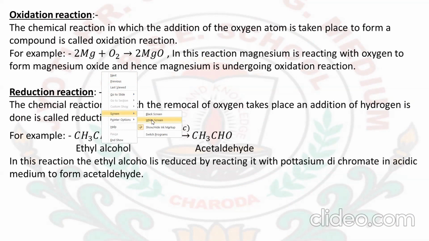I am giving you some examples here. The example for the redox reaction can be oxygen's addition and hydrogen's addition.